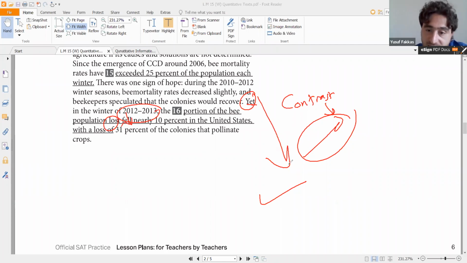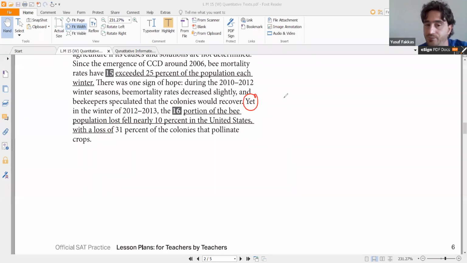So fell means there is further decrease, right? So it's not logical to use yet, because here we have decrease, and here we have fell, decrease. You cannot combine these two ideas using the conjunction yet, right? So you know that there's something wrong here.